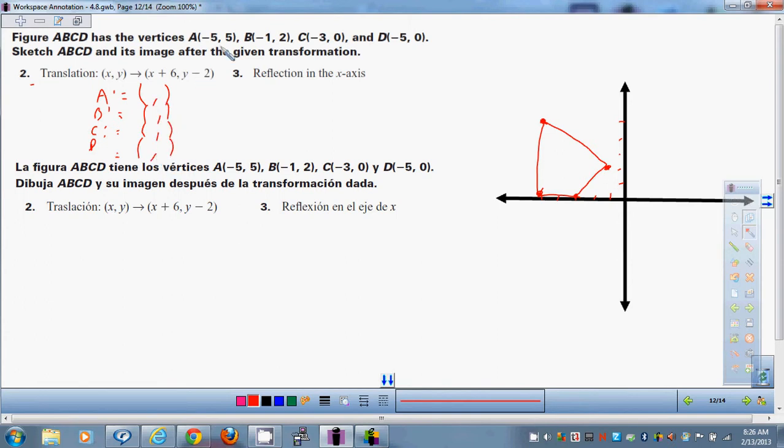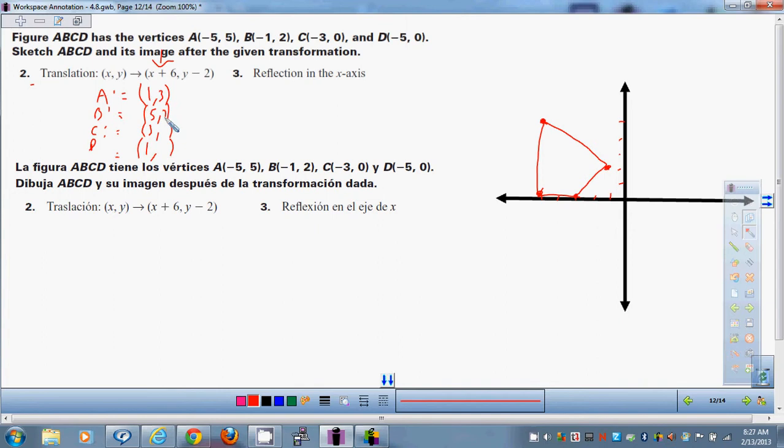What's negative 1 plus 6? 5, that's right. What is negative 3 plus 6? What is negative 5 plus 6? 1. Now let's do all of our y values. What is 5 minus 2? 3. What is 2 minus 2? What is 0 minus 2? And 0 minus 2 again is still negative 2.